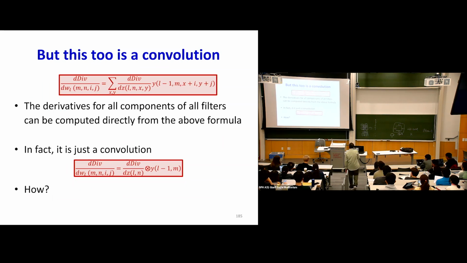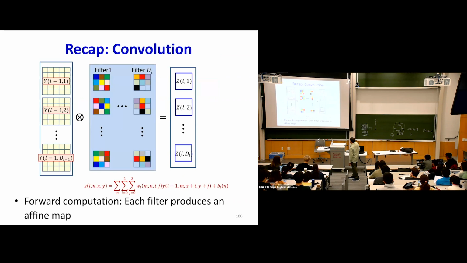It's the sum over all the elements of the output channel that the filter composes of this product of the derivative of the divergence with respect to the element and Y, the input element that connects the two, right? But this is just a convolution. And if you don't believe me, let me show you how this works.